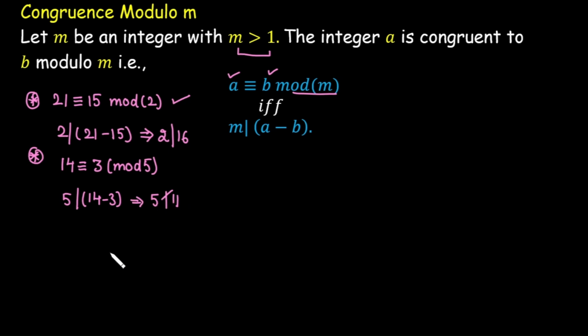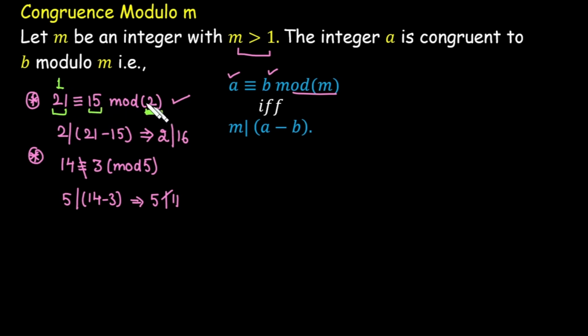No. It means 14 is not congruent to 3 with respect to mod 5. It is very simple to calculate whether the two terms are congruent with respect to mod M or not. What we can do, we can find the remainder. When 21 is divided by 2, the remainder in this case is 1.